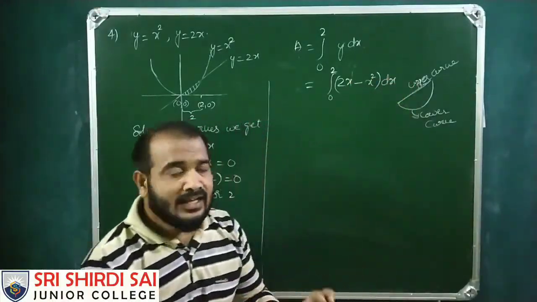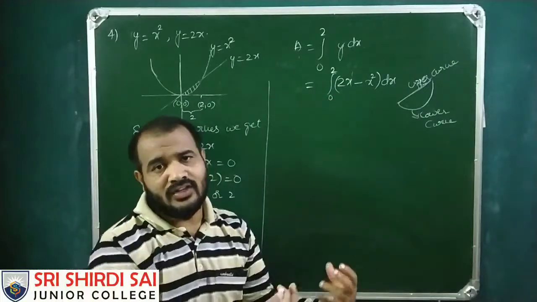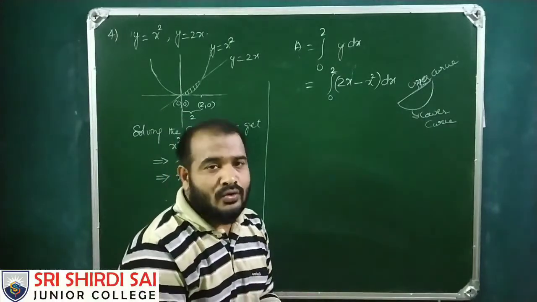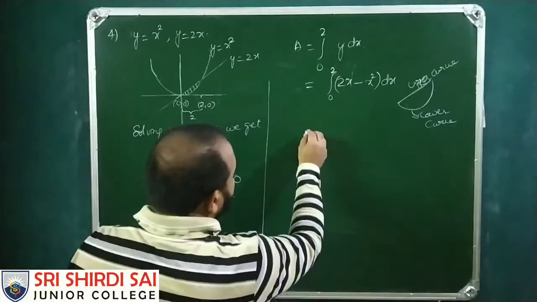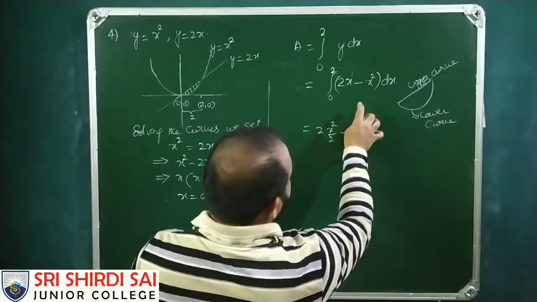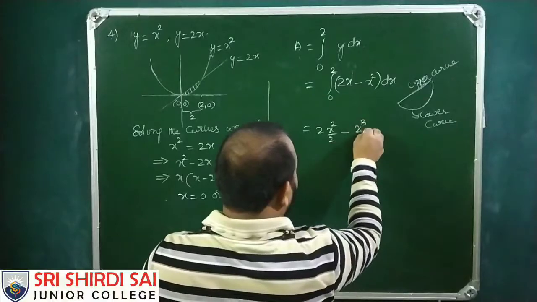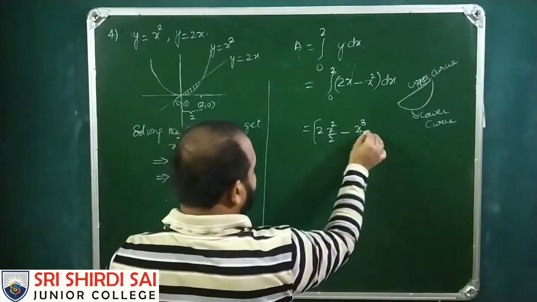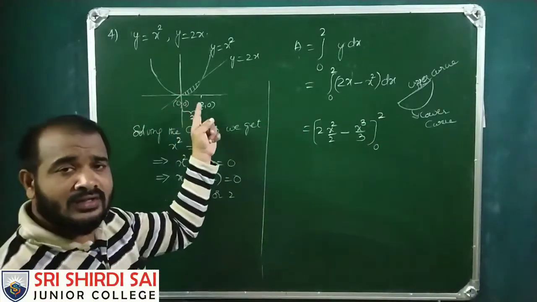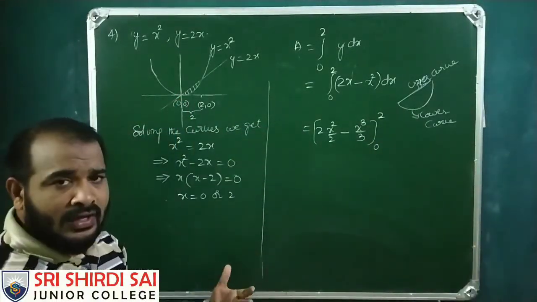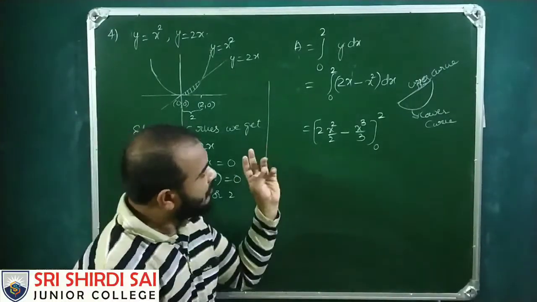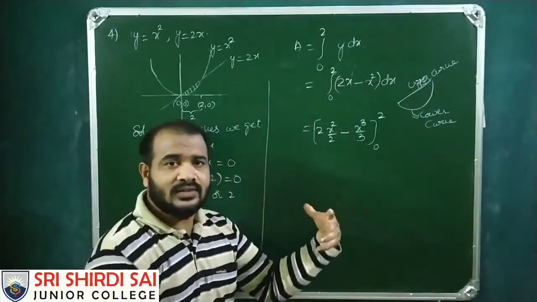If we succeed in getting up to this, then the rest of the process we know very well: simply integration. So 2 into the integral of x dx is x square by 2, minus the integral of x square dx, which is x cube by 3. So the integration is over, and 0 to 2 is to be written here. Since it is not symmetric about any axis, we need not multiply by 2 or 4. Whatever answer we get through this is the final answer.